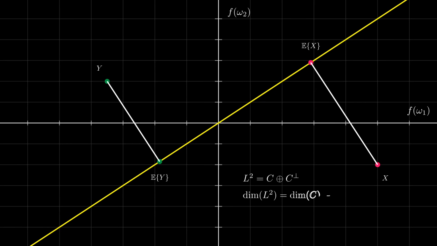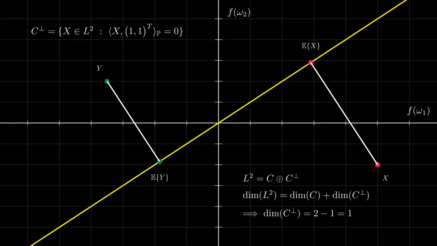However, since the overall dimension is 2 and the dimension of the subspace of constant functions is already 1, we simply get that the orthogonal complement also has to have dimension 1. And that means that all residuals are spanned by the same vector, such that there is simply no angle between them.